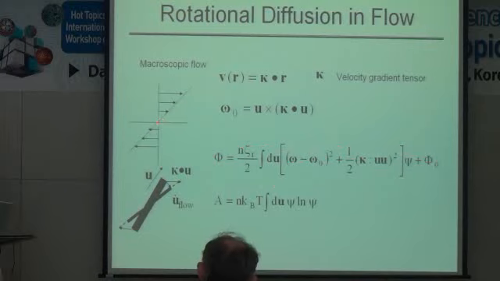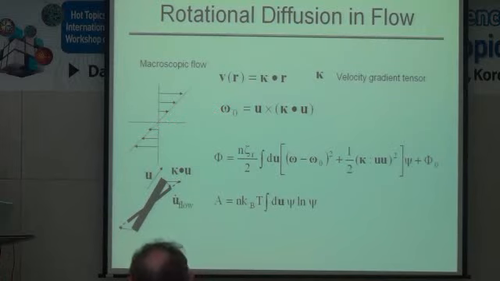So now your rod is placed in the shear flow, and the shear flow itself tends to rotate the rod with a certain velocity. It can be shown that this omega 0 is the angular velocity of the rod placed in the fluid. If there is no external flow, the rod will rotate with this angular velocity.